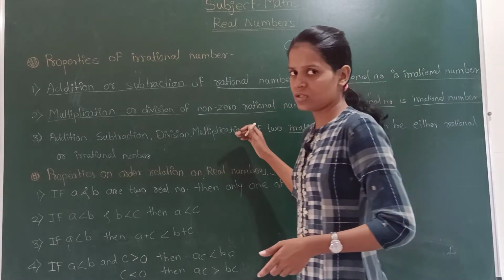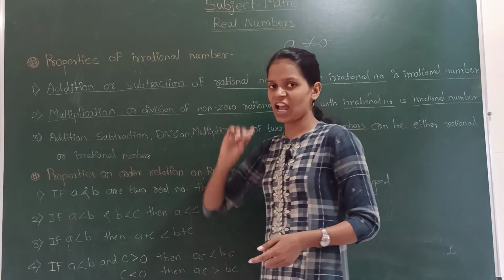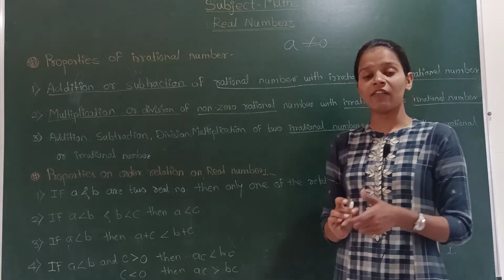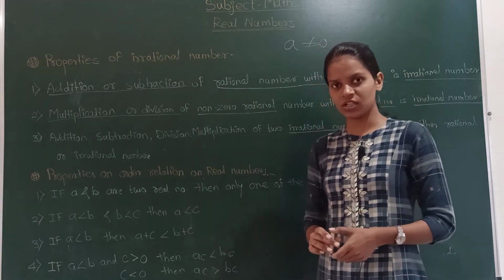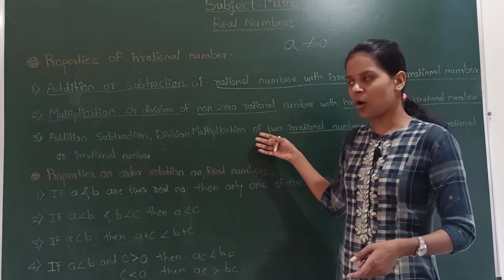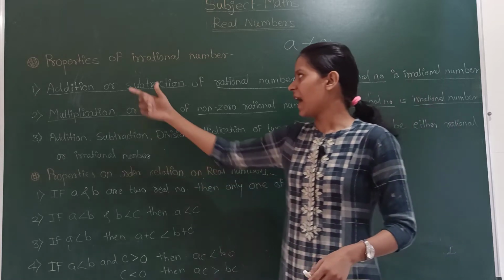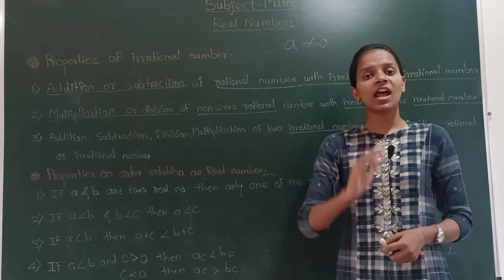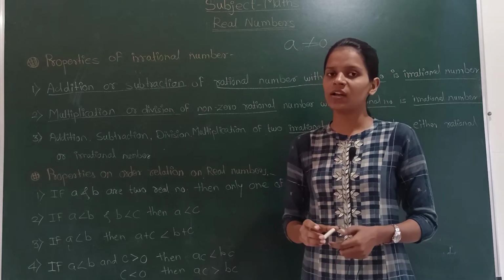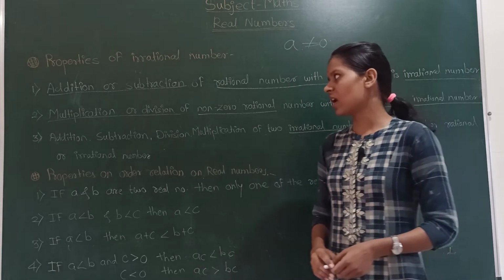See, I am explaining again properties of irrational numbers. We have already studied the property of rational numbers. There are three properties of irrational number. Addition and subtraction of rational number with irrational number is always an irrational number.